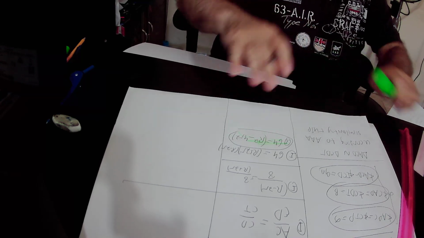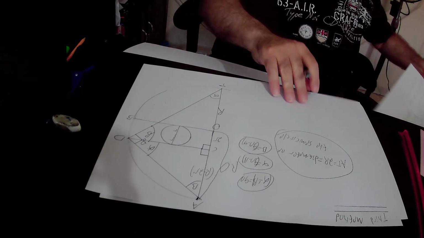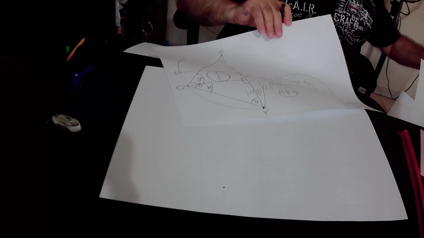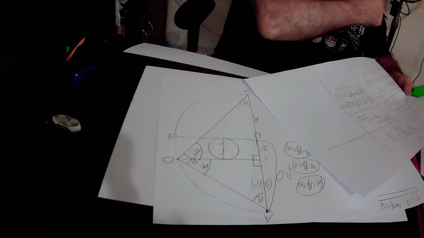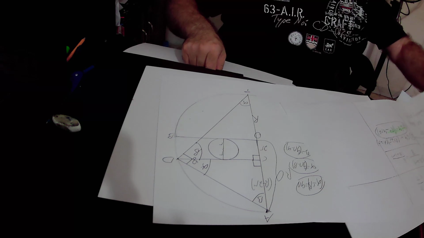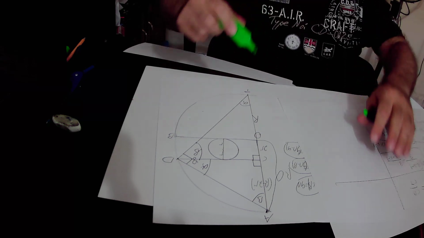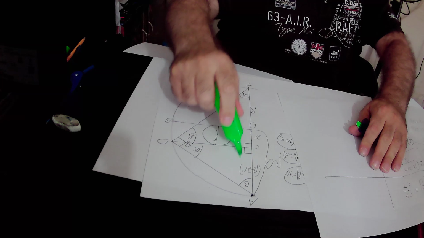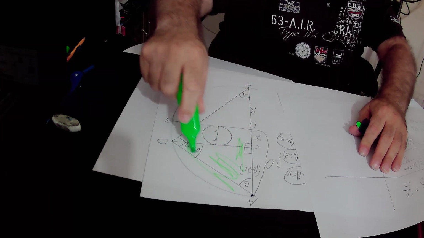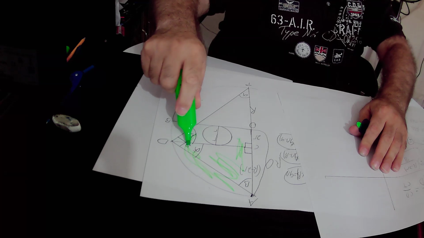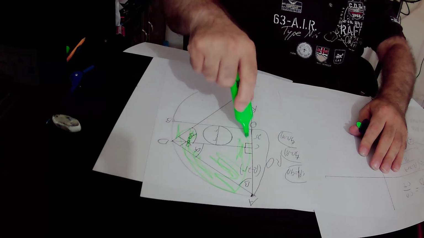So what is the area of the green shape? We are looking for the area of this green shape, of course.